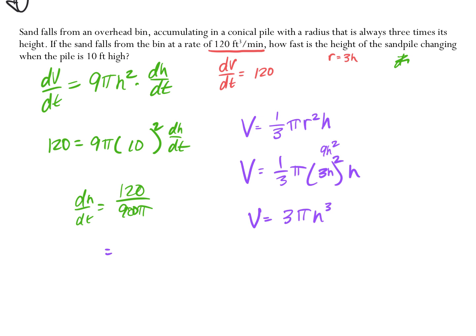Because that 10 is squared, I flipped it as a fraction. I got about 0.0424, which rounds to 0.042. And that would be feet per minute, because it's a rate, not an acceleration. Isn't this fun?